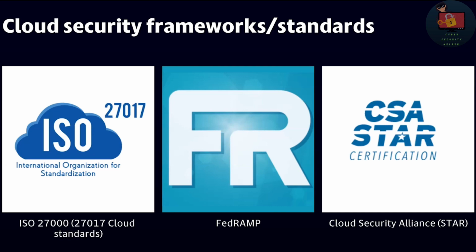The first one is ISO. ISO stands for the International Organization for Standardization and the International Electrotechnical Commission. So ISO or IEC. The 27,000 series are really the most important technical standards produced by ISO, and the cloud standards are the 27017 series.